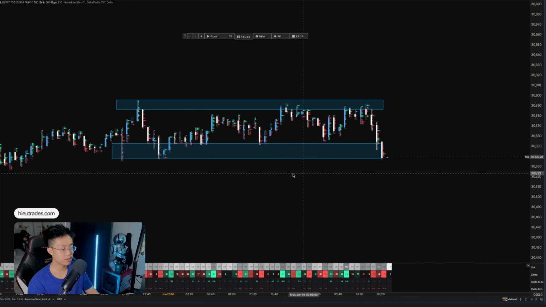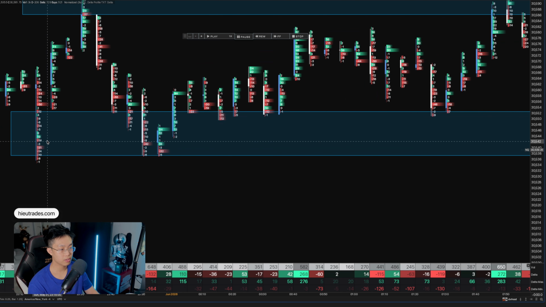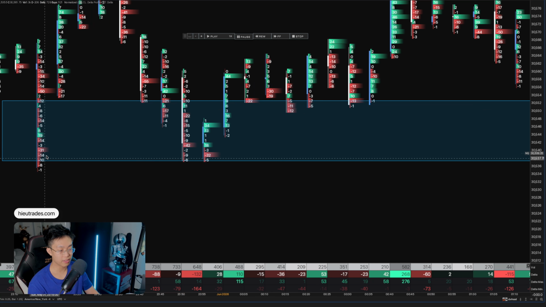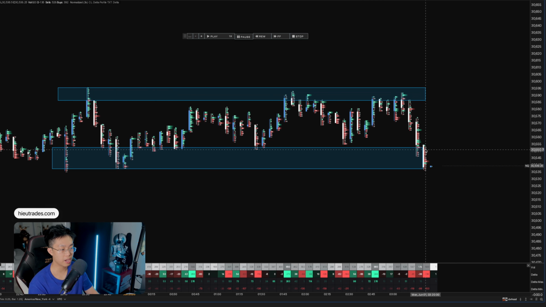The reason why this is a different candle is because when we come back to this range low, you anticipate this candle to look similar to these type of candles, right? Where you get selling absorption, because you would anticipate passive buyers to step back in, as this is a strong support level. In consolidation, support levels are where you would anticipate passive buyers, and resistance levels are where you would anticipate passive sellers to kick in.